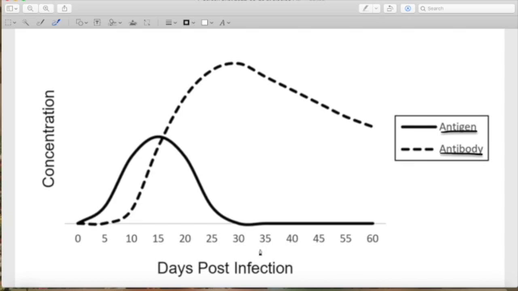On day 35 post-infection, we can see here that antigen concentrations are at their lowest and antibody production is at its peak concentration.